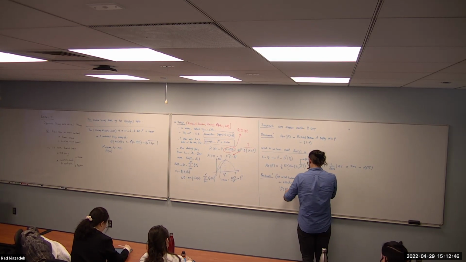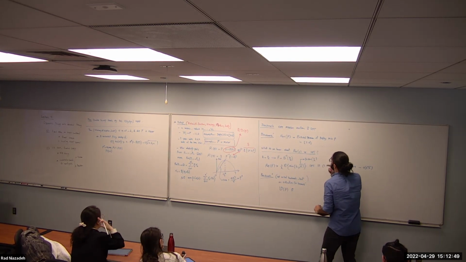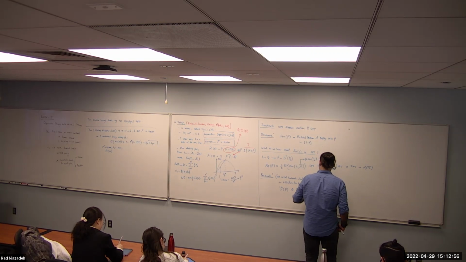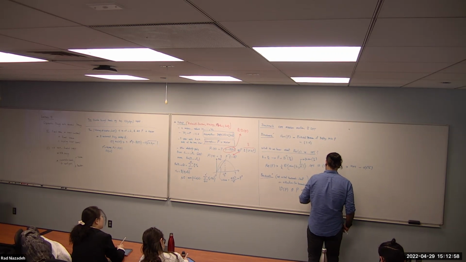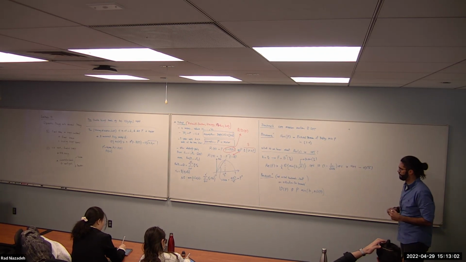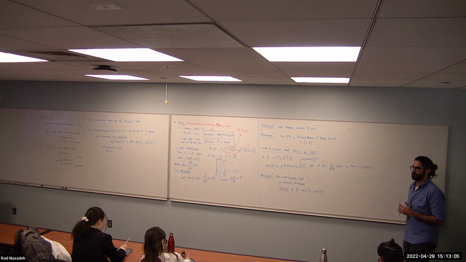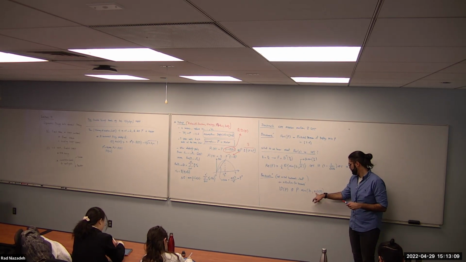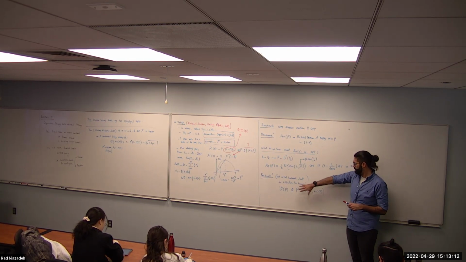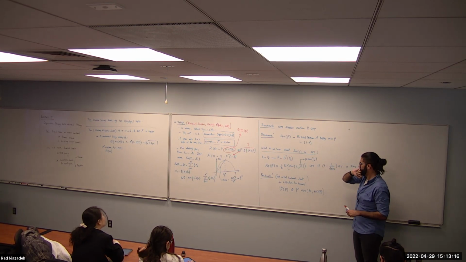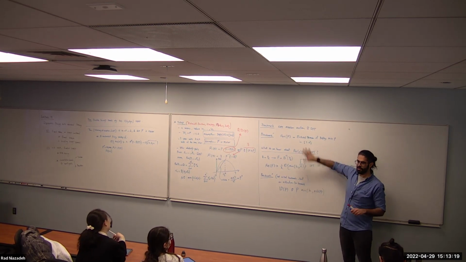So V of P is defined to be the following quantity: P times the minimum of K and N times D of P. Let's see if you understand this quantity. In some sense, this is trying to estimate this expectation, but it's really not exactly an expectation.